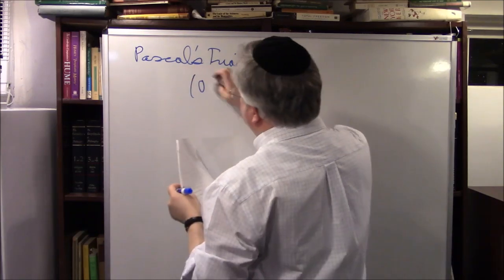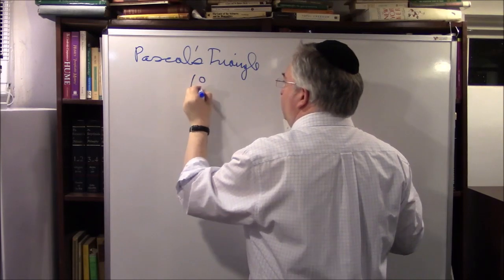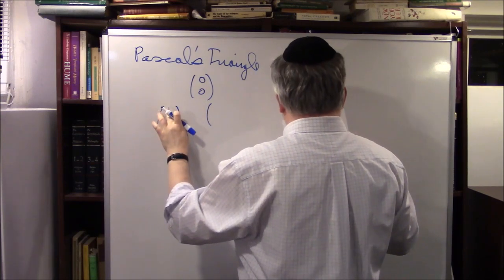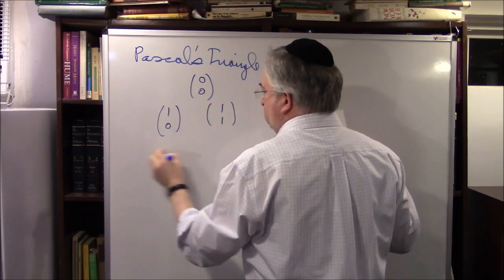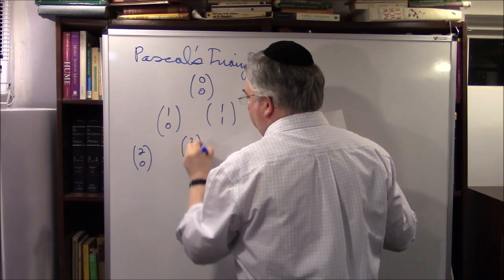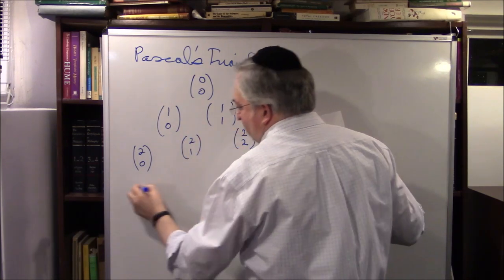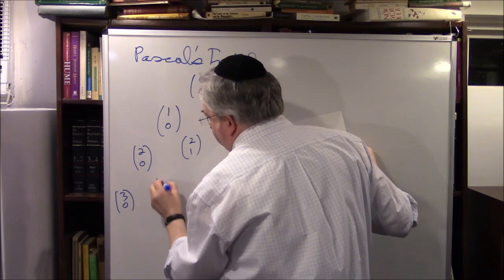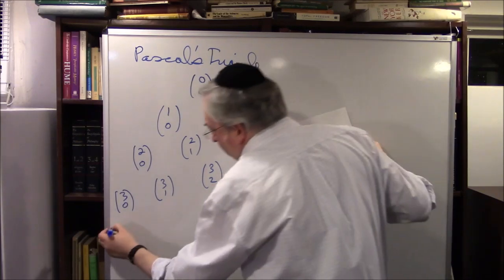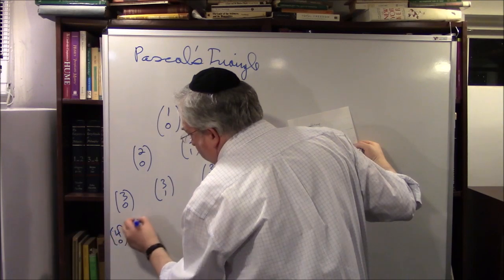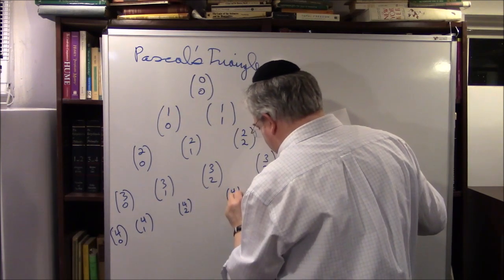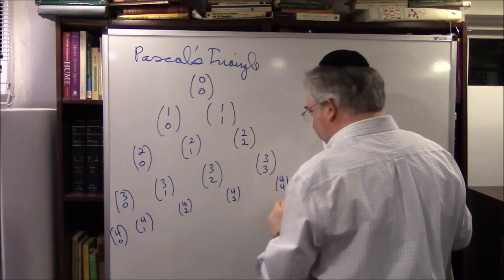0, 0. 1, 0. Sorry. 1, 1. 2, 0. 2, 1. 2, 2. 3, 0. 3, 1. 3, 2. 3, 3. 4, 0. 4, 1. 4, 2. 4, 3. 4, 4.